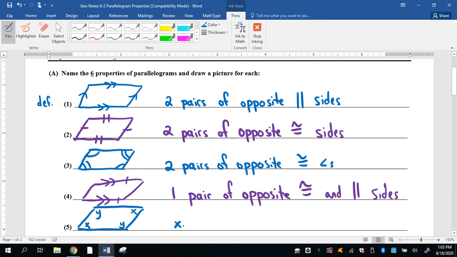So you could just say x plus y equals 180 degrees, or you can say consecutive angles are supplementary, or they add to 180.